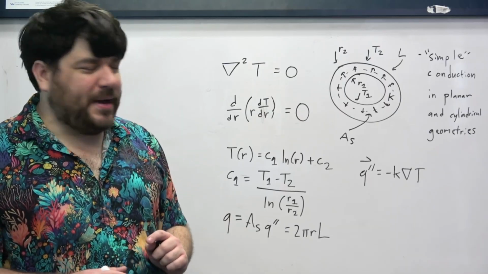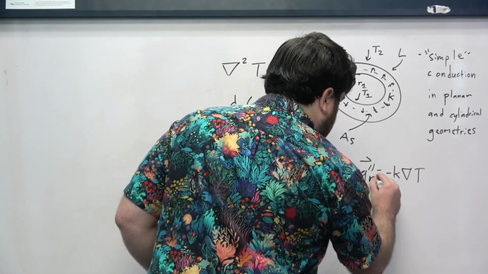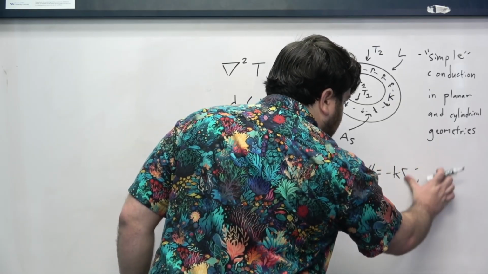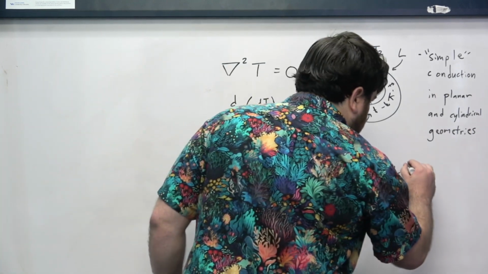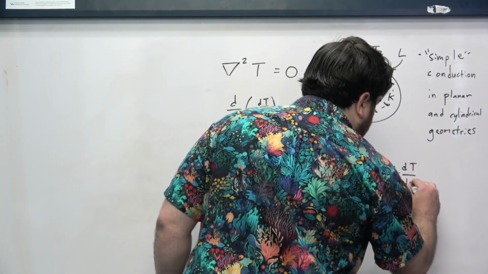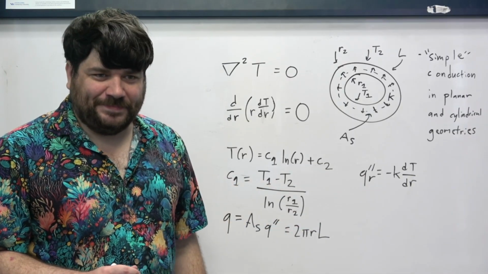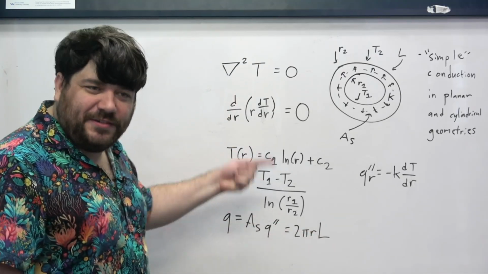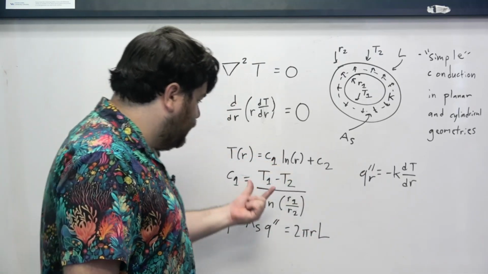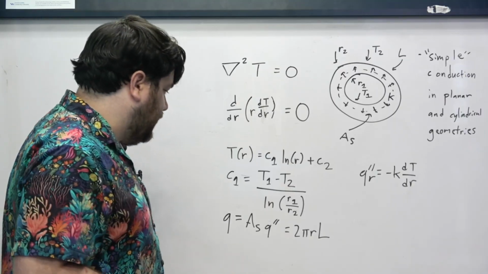Because we only care about the radial component, we therefore only care about the spatial derivative of the temperature in the r direction, all right? So we can write this down. And thankfully, because we have this information, we can write this down explicitly as a function of what the temperatures are in the system. Okay, so how do we do it?